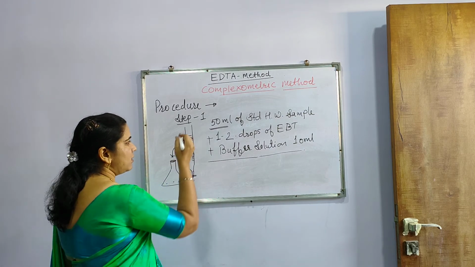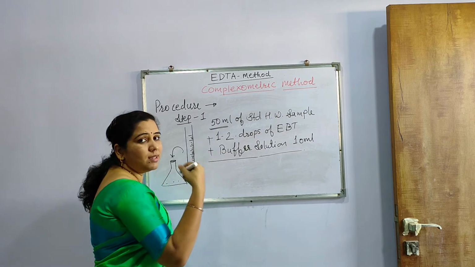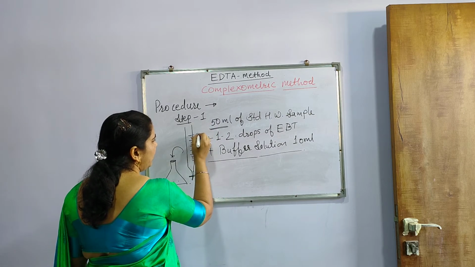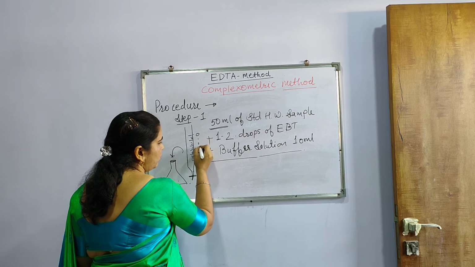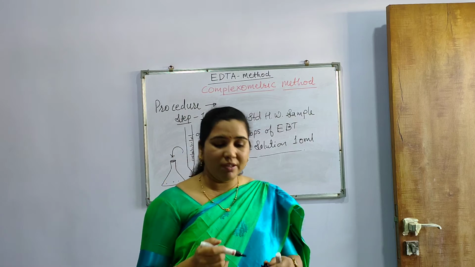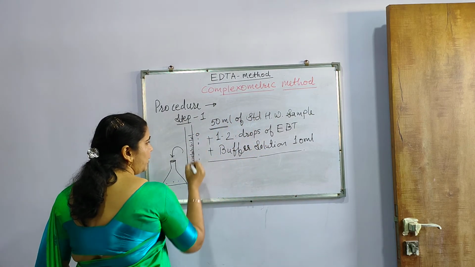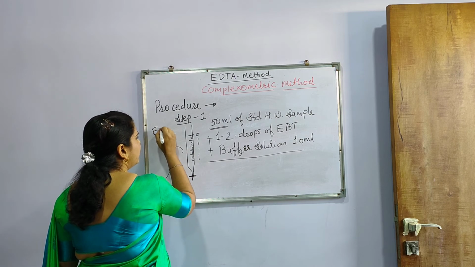From the upper side to the lower side there is numbering, meaning 0 is at the upper level, then 1, 2, 3 like this up to 50 ml, and sometimes there is a 25 ml burette. In this burette we have to fill EDTA solution.